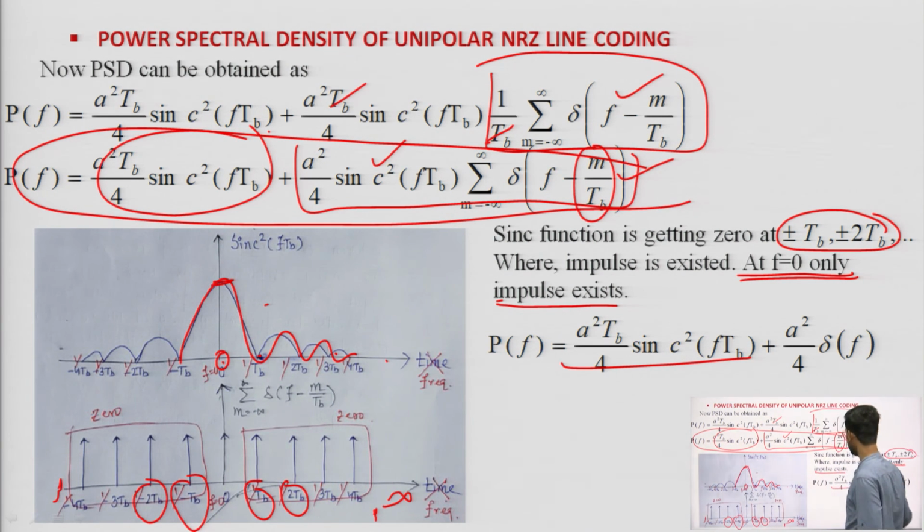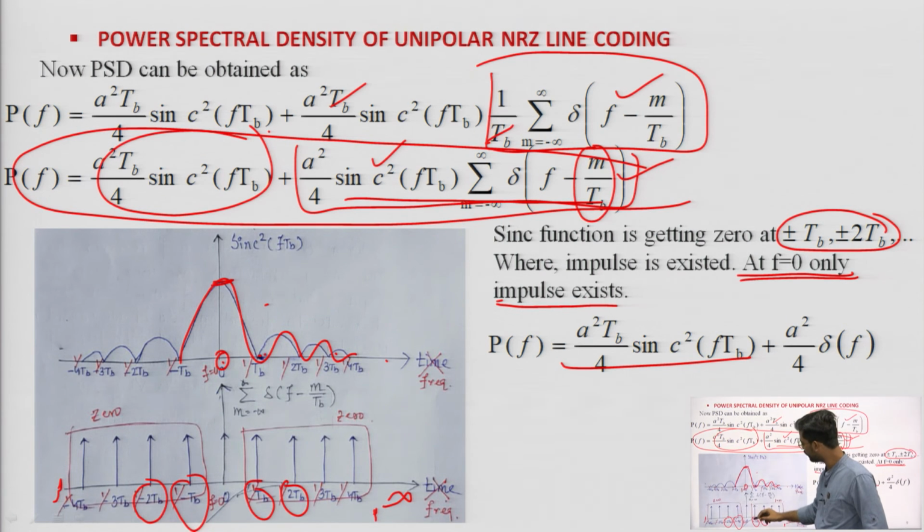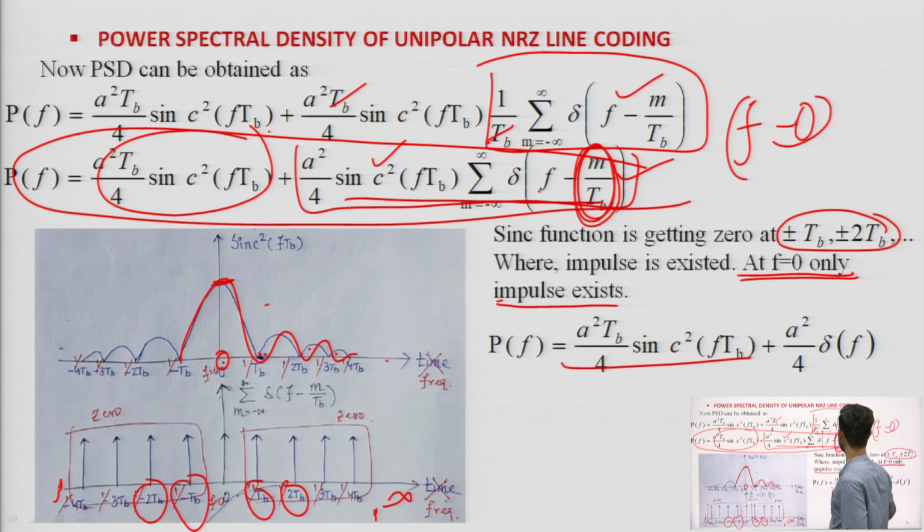A square by 4 multiplied by this whole term will be 0, because this point is multiplied by 0, this point is multiplied by 0. But at f equal to 0, that is the origin point, only this delta function exists because it has some value: sinc square f Tb means 1, and this is positive 1.